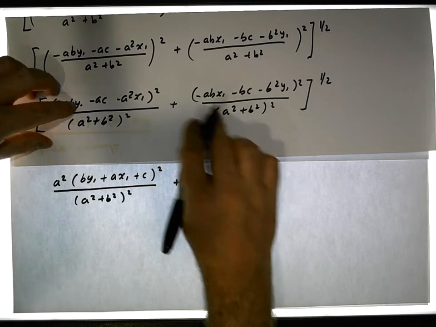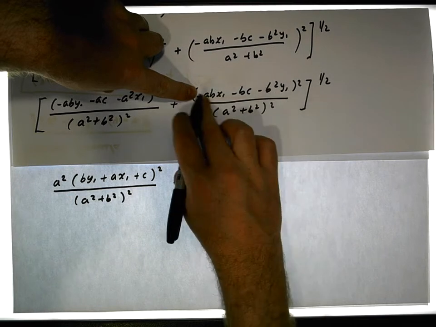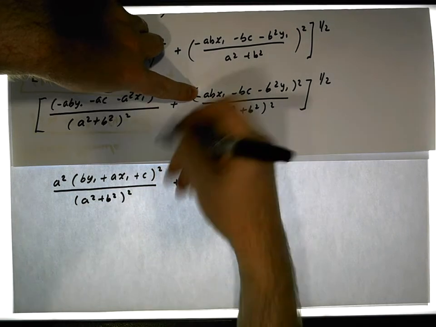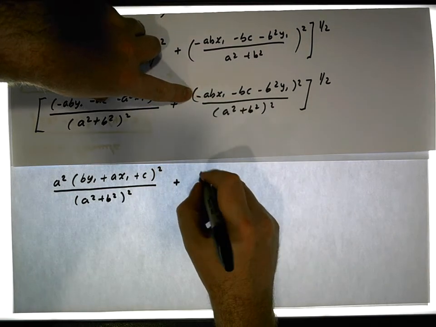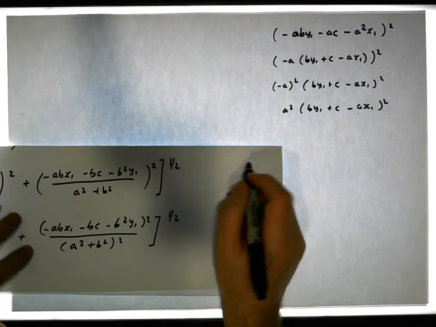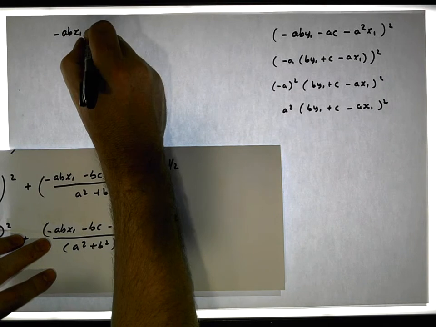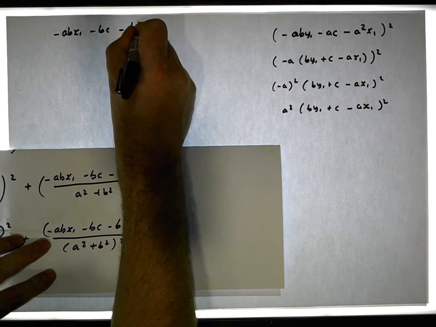doing the same thing over here, we can take out minus 1, and we can also take out a b, okay, so what's left behind is minus abx1 minus bc minus b squared y1 all to be squared.